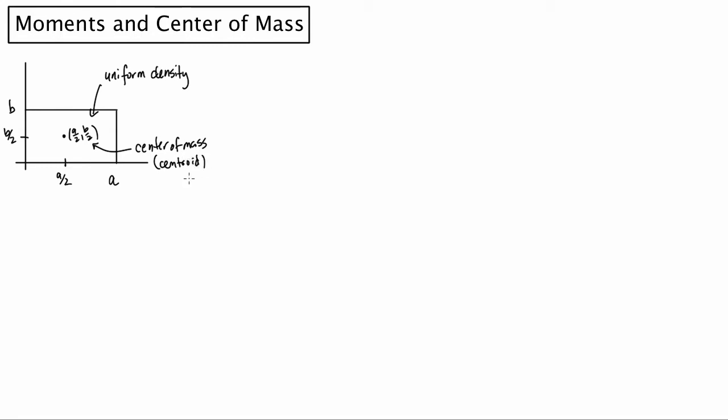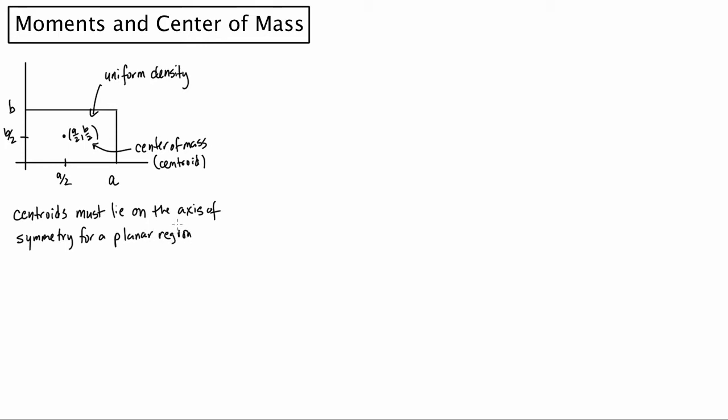So generally, we want to come up with the formulas to be able to find the center of mass for objects that aren't nice and symmetrical like this. One of the things you'll learn is that centroids must lie on the axis of symmetry for a planar region.